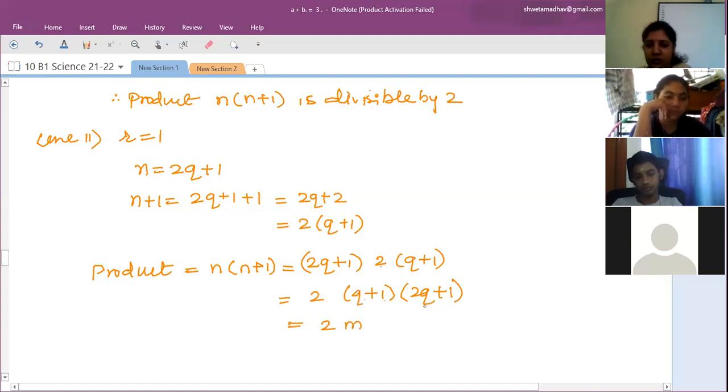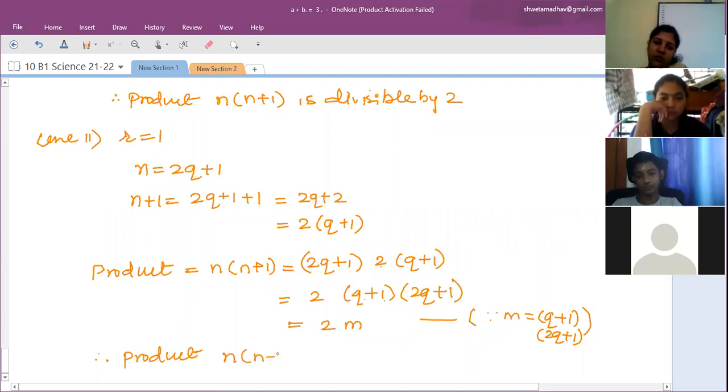So now the product is again of the form 2m. That means the product is divisible by 2. Therefore the product n into n plus 1 is divisible by 2.